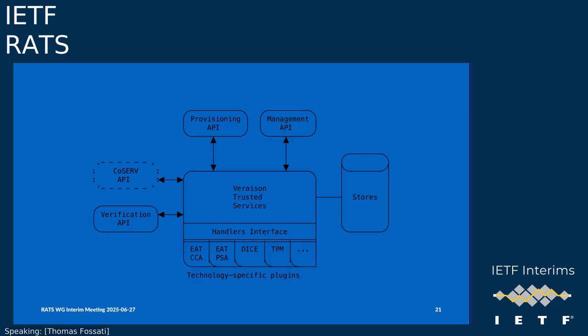Here it encapsulates basically the attestation scheme agnostic functionality, in terms of appraisal, and then uses an interface to abstract the interaction with a bunch of plugins that have the attestation scheme specific bits. So if you have to verify each evidence, you go and talk to the specific plugin that understands that specific format.